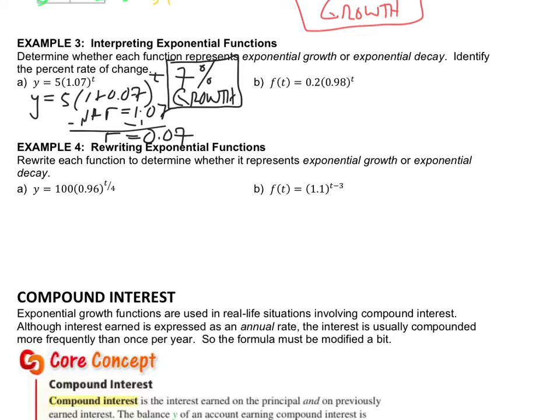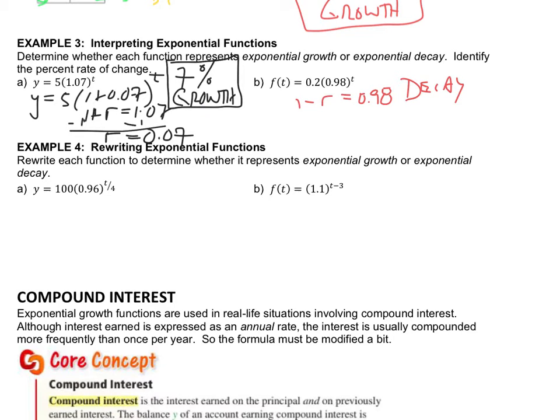Okay, on the next one, because I see this factor is less than 1, which tells me that I'm now going to see a decay. And for the decay, we have to figure out how much of a decay. So remember, the factor on the inside of my parentheses is 1 minus r if it's a decay.